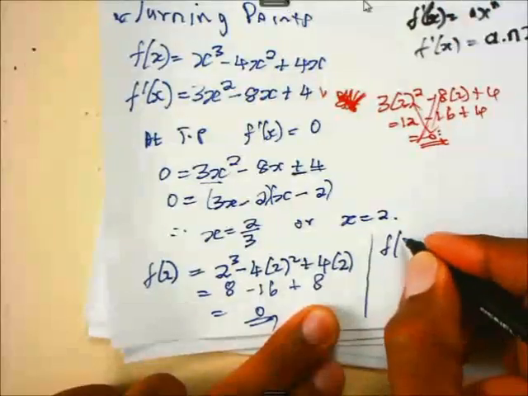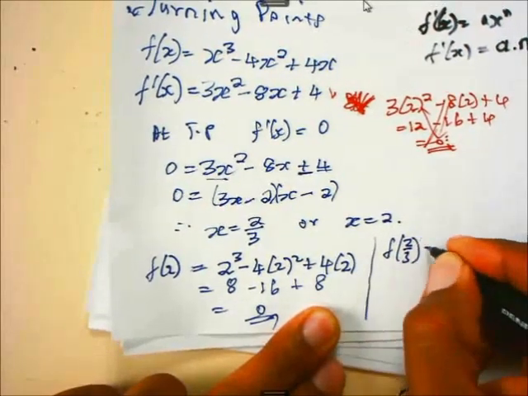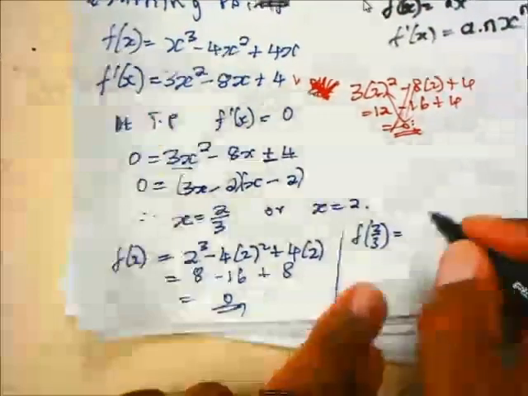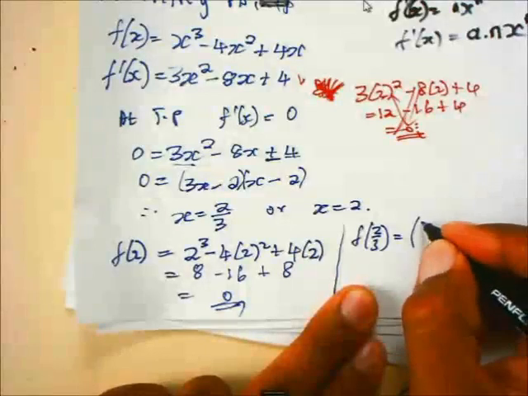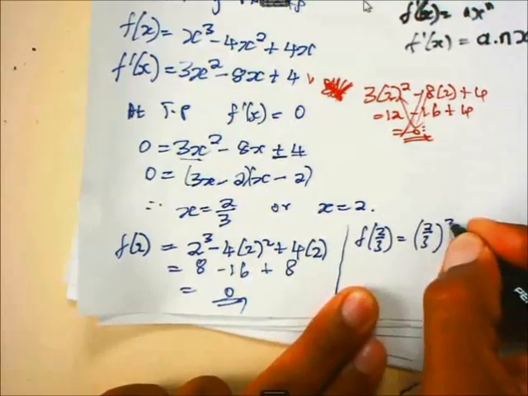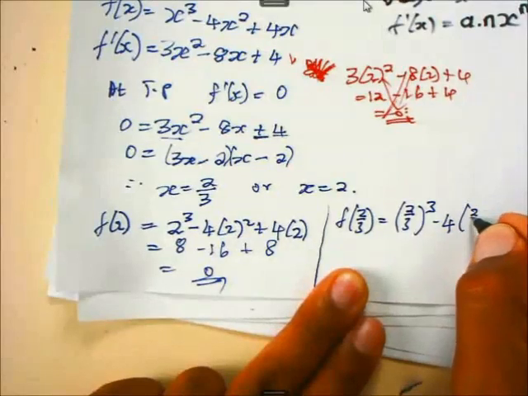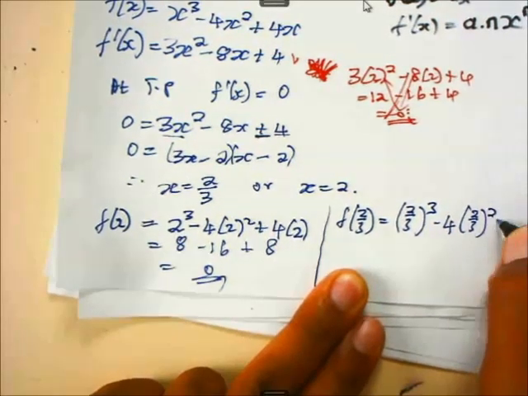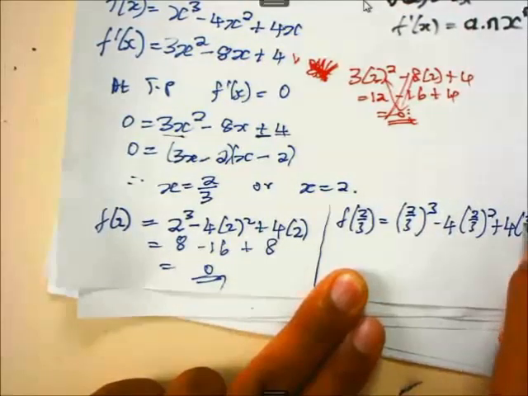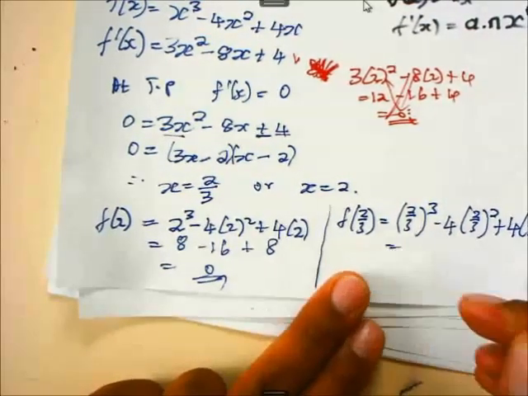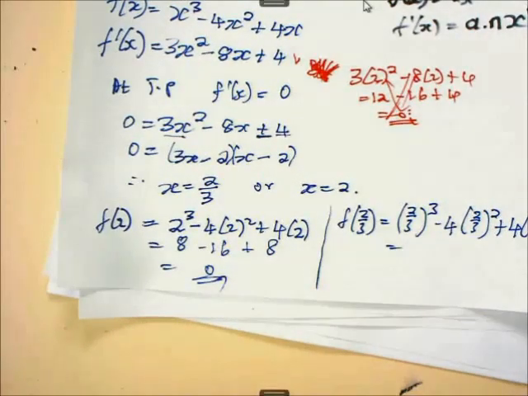F at 2 divided by 3 is equal to what? We are going to have 2 divided by 3 to the exponent of 3, minus 4 multiplied by 2 divided by 3 squared, and then plus 4 multiplied by 2 divided by 3. Of course, we can work this one out.